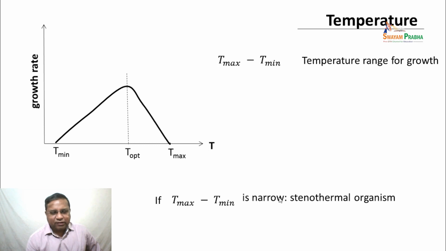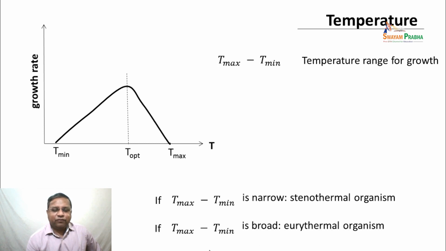Let us say it is reasonably narrow, a few degrees, or a few degrees, let's say 10, 20 degrees or so, then the organism is called a stenothermal organism. If the temperature range of growth T max minus T min is broad, the growth occurs over a wide range of temperatures, let us say, then the organism is called a eurythermal organism.